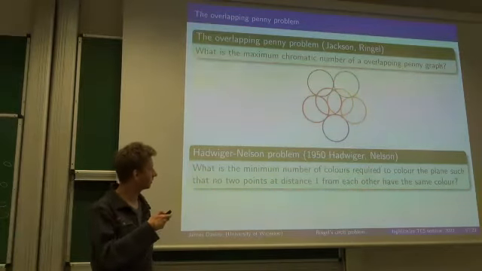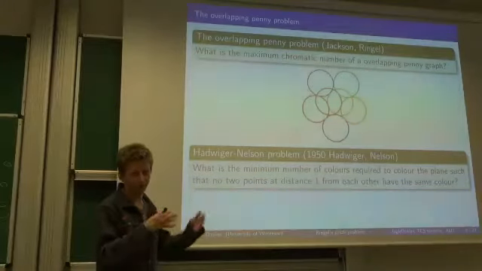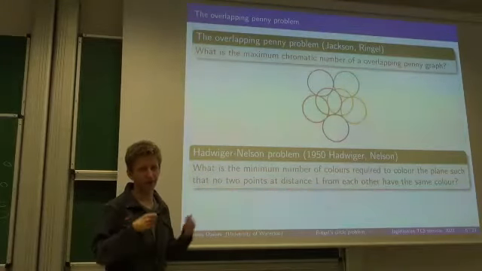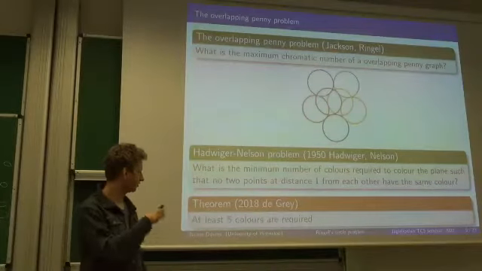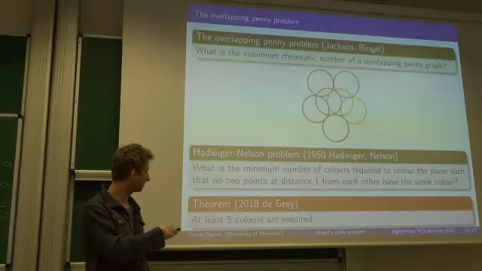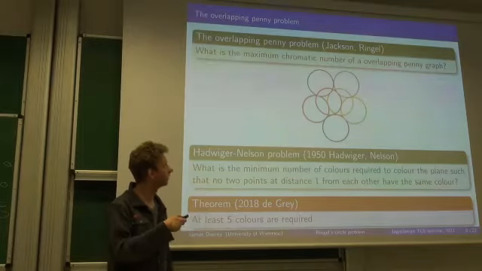For the upper bound, we have this 7-coloring from a hexagonal tiling, and there's a recent breakthrough of a 5-chromatic unit distance graph. So the answer for this one is between 5 and 7.